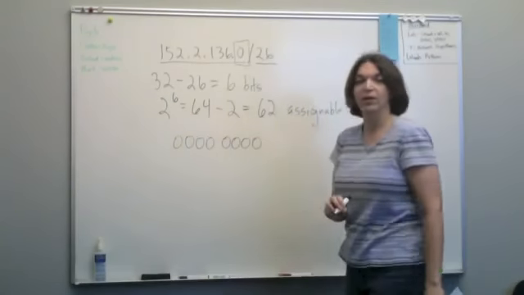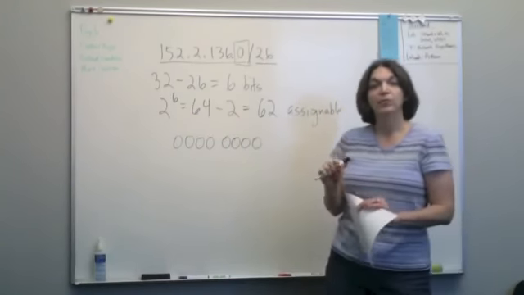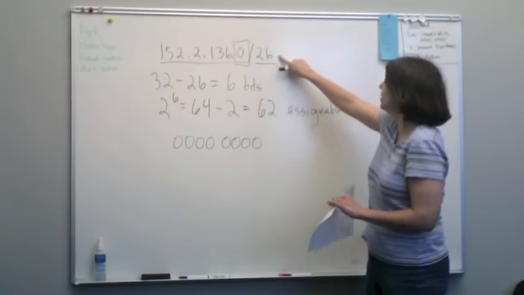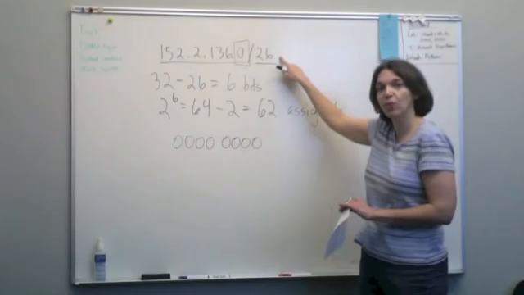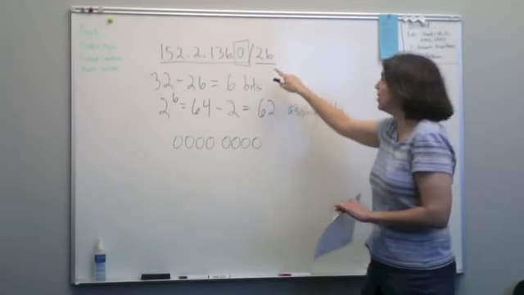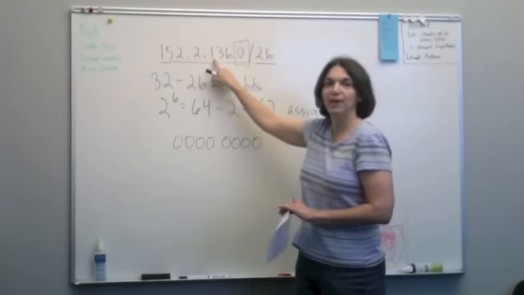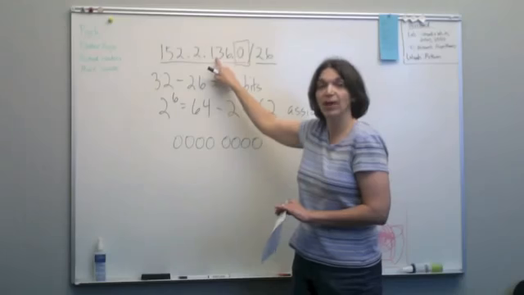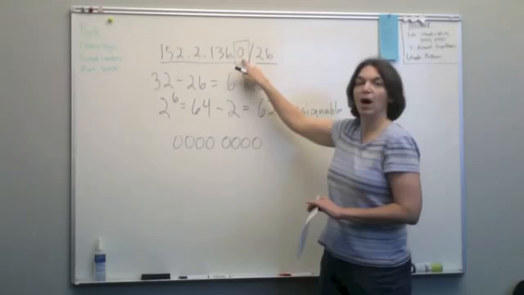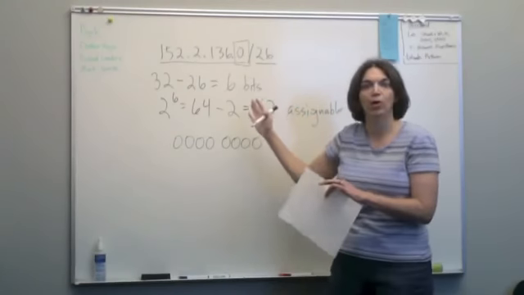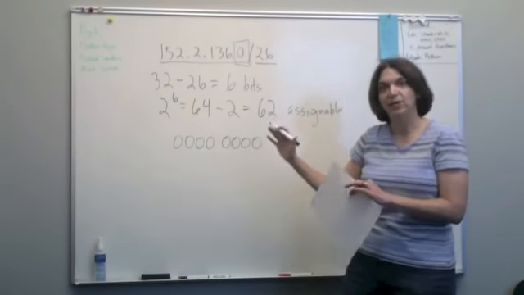8 zeros. Now, one thing to remember is if your network part is less than 24, then you're going to have some host bits in other parts of the address. So don't think that just the last octet in the dotted decimal is where all the host bits live. That's not how CIDR works.